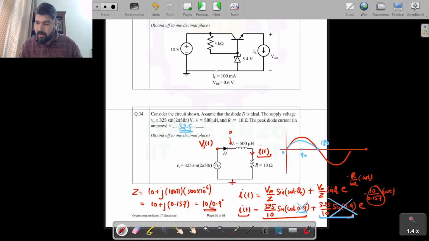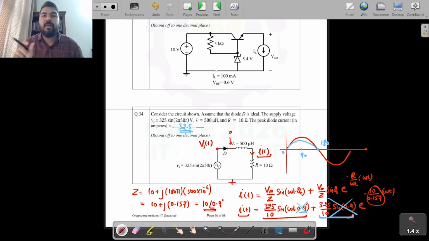Why? Because to find the maxima of the current, first we need to take the derivative of this current and make that derivative equal to 0 and calculate that instant at which the current has reached its maximum value. Once you get that instant, put it in this expression and calculate the maximum value of the current.